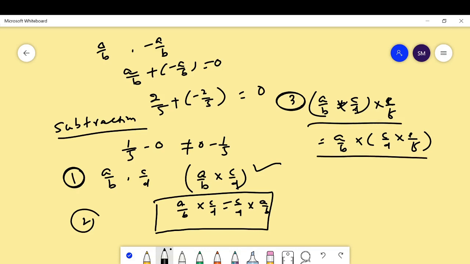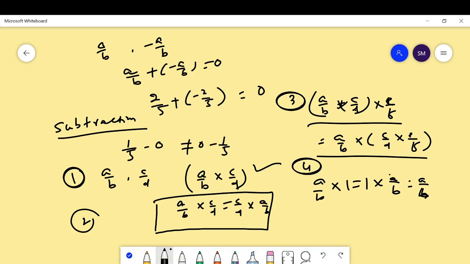This means multiplication satisfies the associative property. Next, there is existence of multiplicative identity. Yes, one is called the multiplicative identity. Suppose a by b into 1 is equal to 1 into a by b is equal to a by b. Means 1 is called the multiplicative identity.